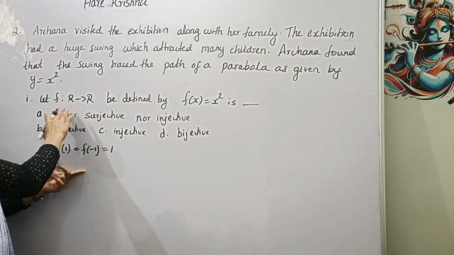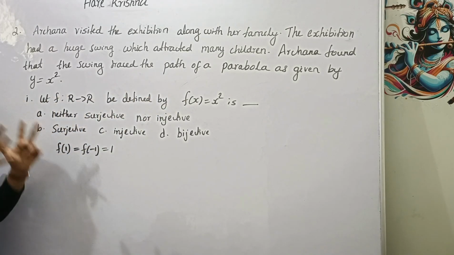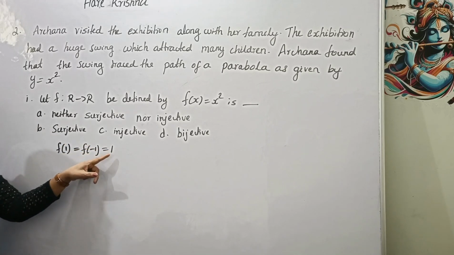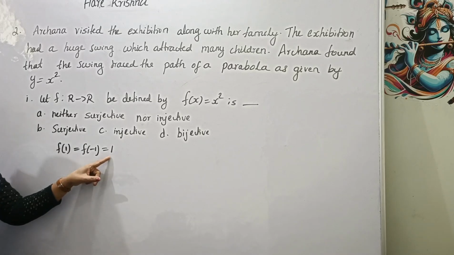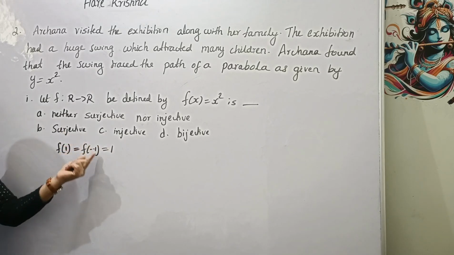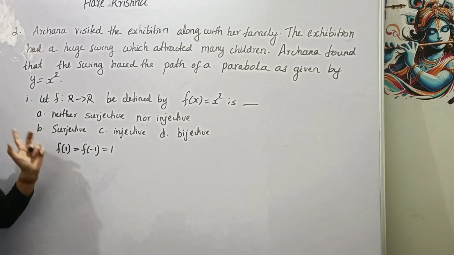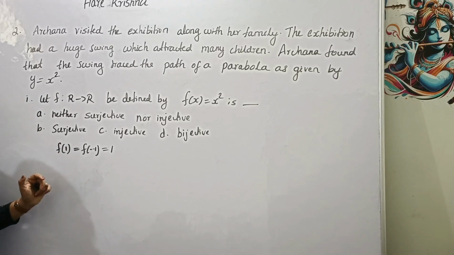Our function is from R to R, set of real numbers to set of real numbers. So codomain is all the real numbers and domain is all the real numbers. This 1 in the codomain has two pre-images, 1 and minus 1. Therefore, this function is not one-one.